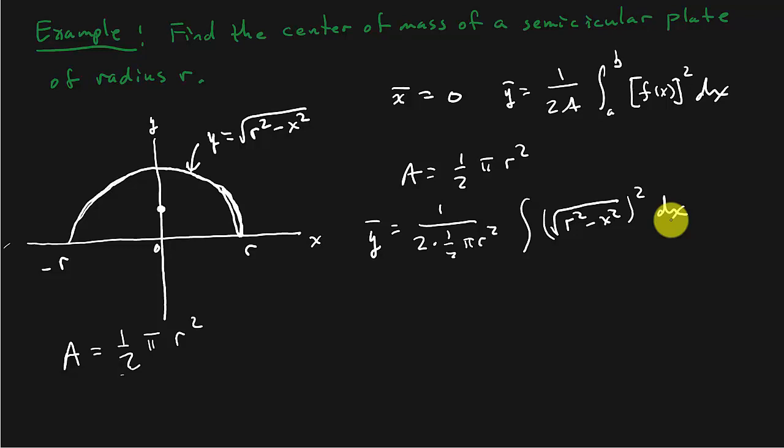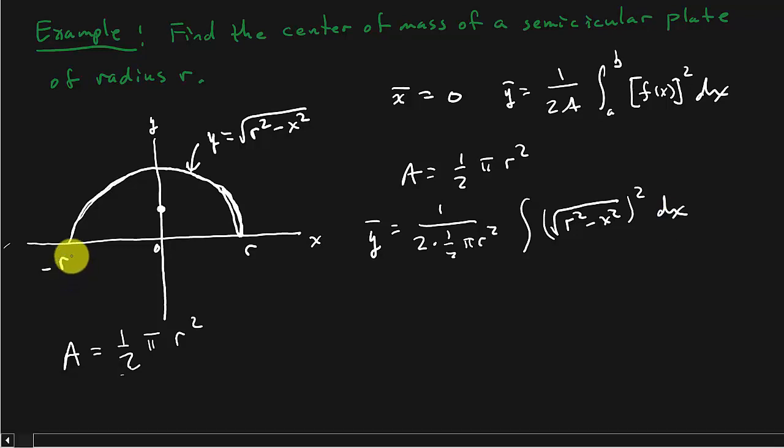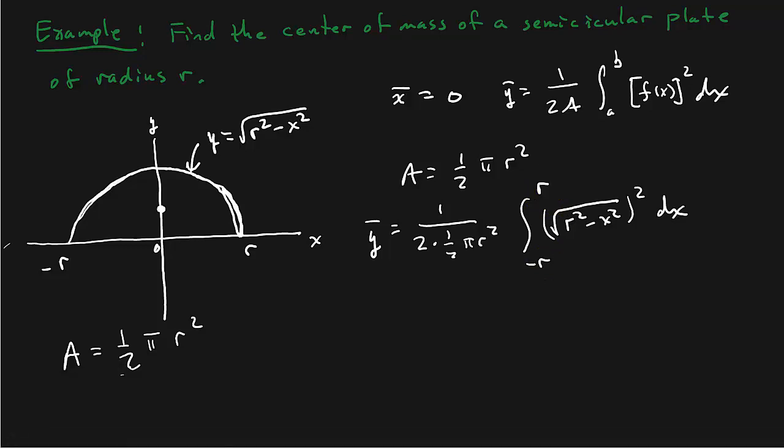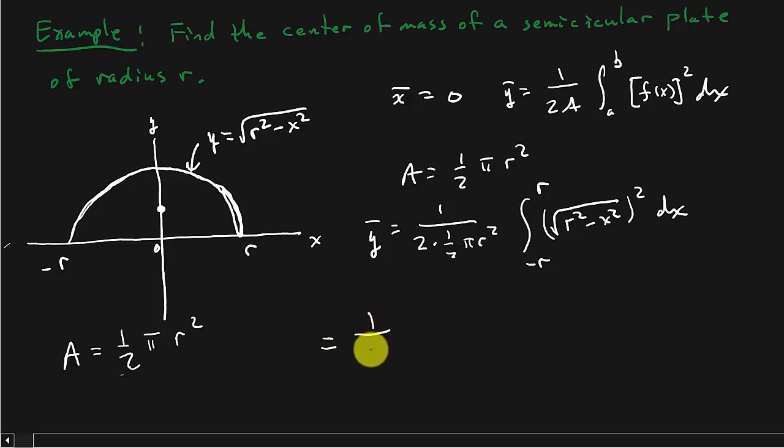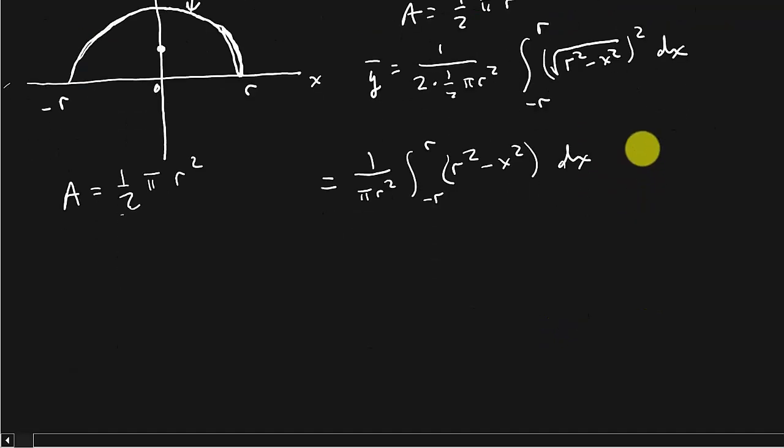How do I want to integrate? Well, I need to go from negative r to r, right? So negative r to r. All right, so this is going to give us 1 over pi r squared from negative r to r of r squared minus x squared. All right, so when I square this, the square root just goes away, dx.